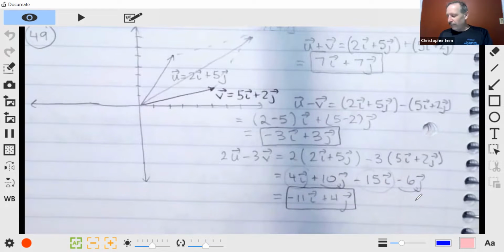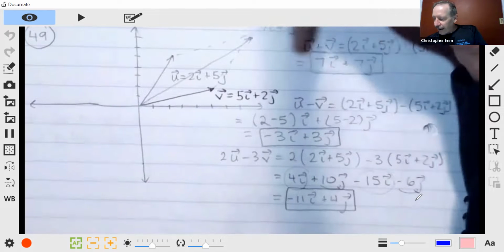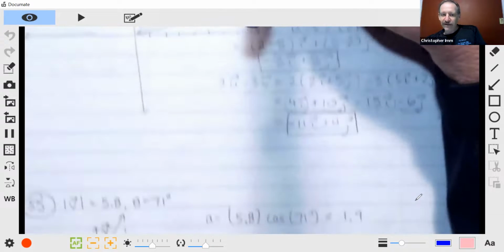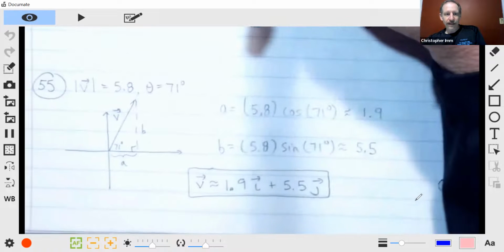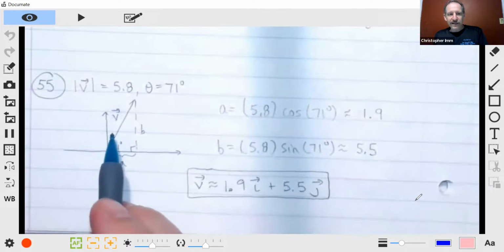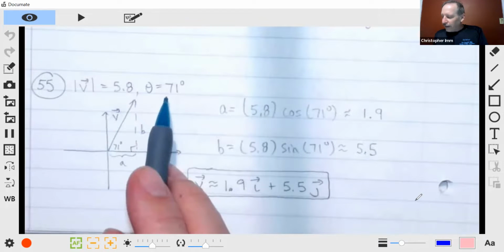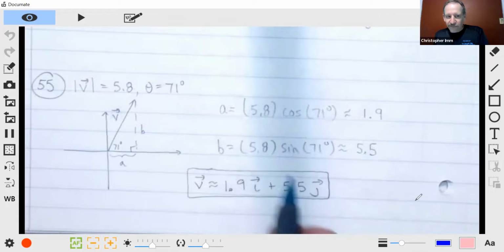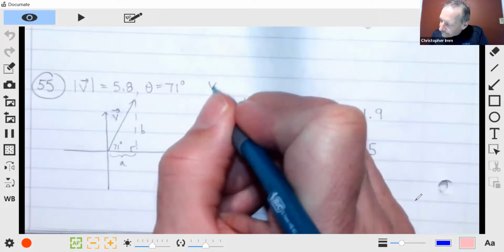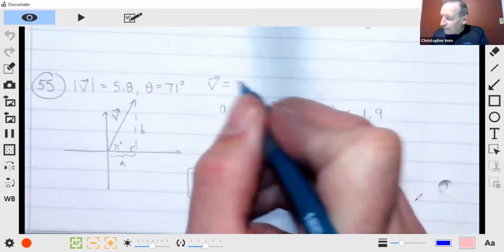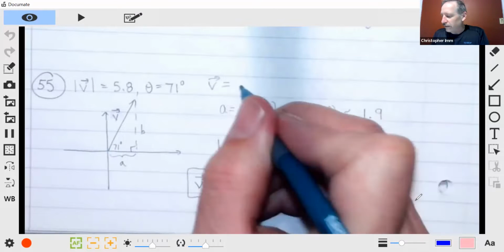One more example is if I have these vectors with just the magnitude and the angle given, I can write them in this form by using the vector is equal to, and we've talked about resolving these into their components.